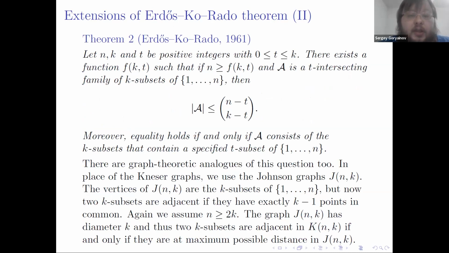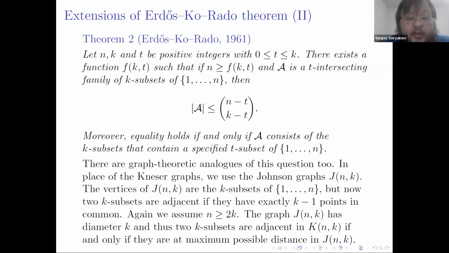There exists a function f of k and t such that if n is greater or equal to f(k,t) and A is a t-intersecting family of k-subsets of the set from 1 to n, then the size of A is at most the binomial coefficient n minus t choose k minus t. Moreover, equality holds if and only if A consists of the k-subsets that contain a specified t-subset of the set from 1 to n.